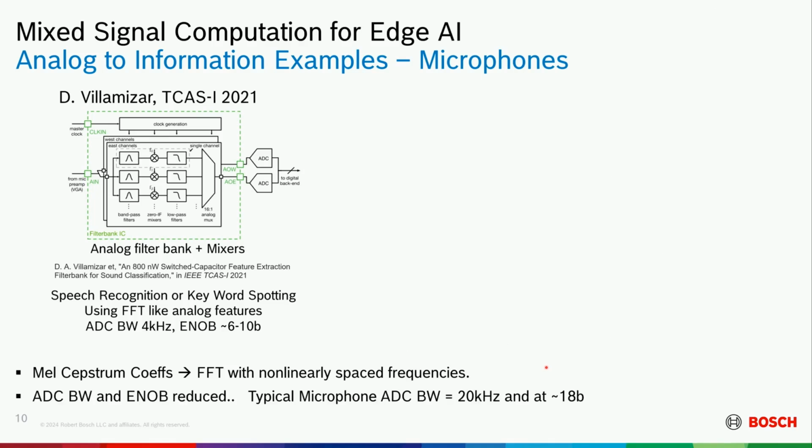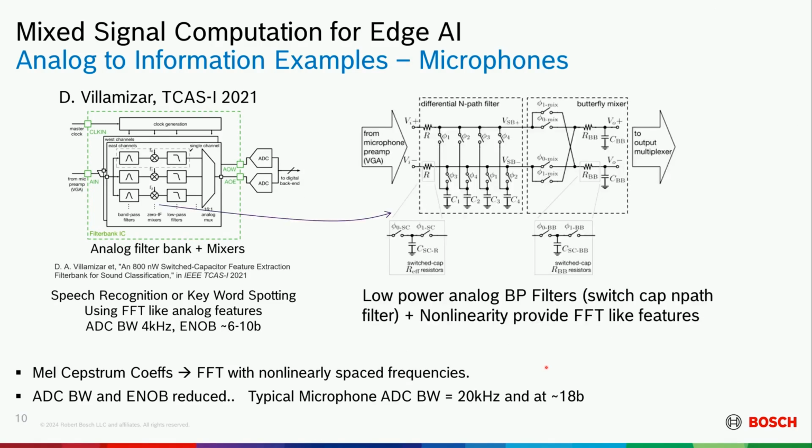Well, you can do that, of course, with analog bandpass filters, or something like this, the switched-cap filter, where you can control the center frequencies, the Q, and the bandwidth as well. And then you have a nonlinearity after that, like a mixer in this case, so that you can actually do the FFT. In this case, you can reduce the ADC bandwidth by a fair amount, and also the effective number of bits you need.